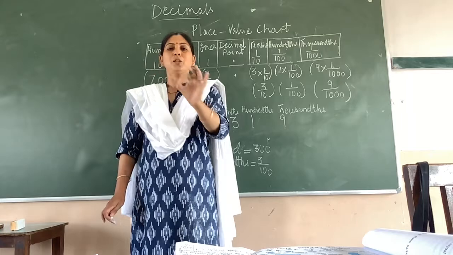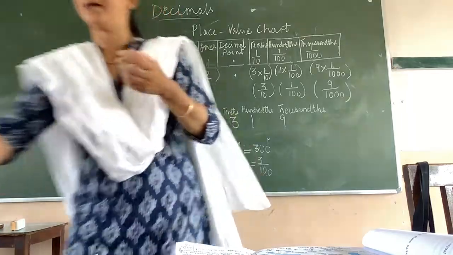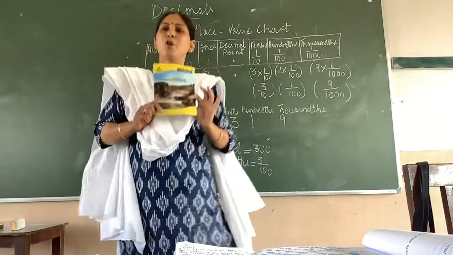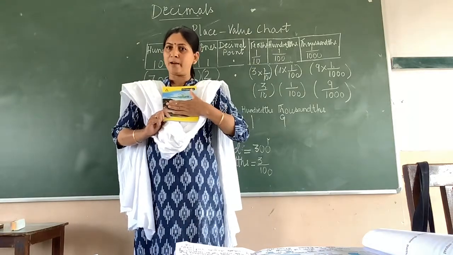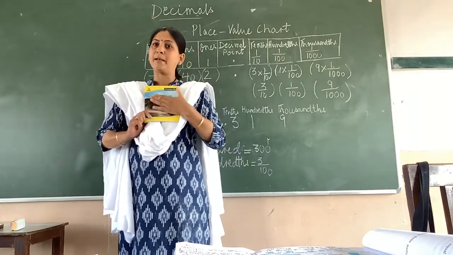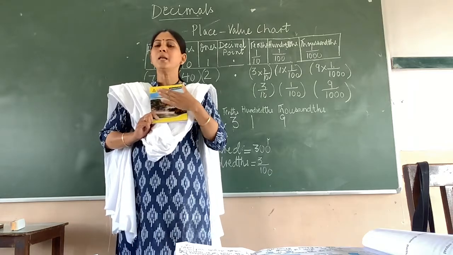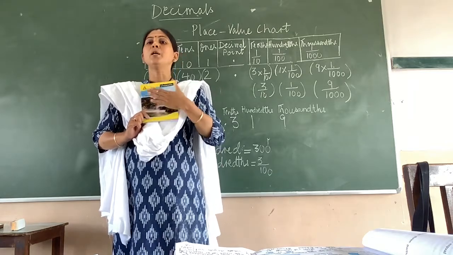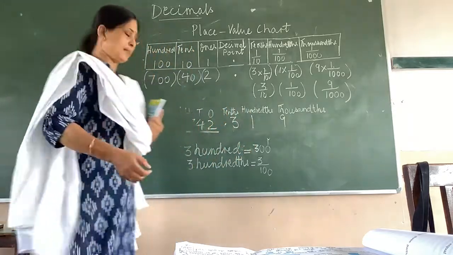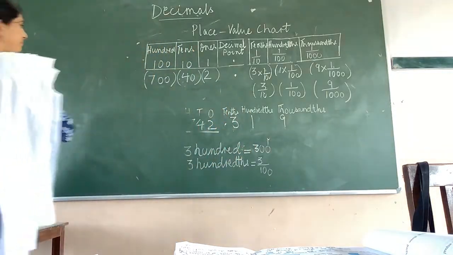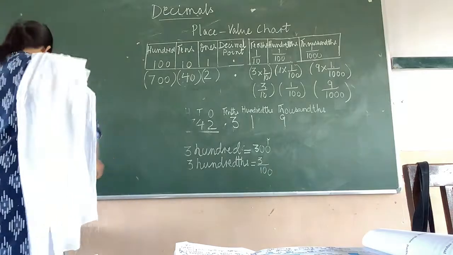Suppose I say the cost of this notebook is 25 rupees. 25 is a whole number. But if the shopkeeper tells me the cost of this notebook is 25 rupees 50 paisa, how will we write it? Let me write this here, children.